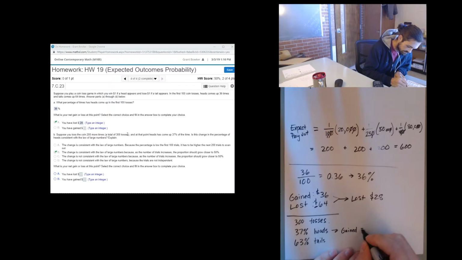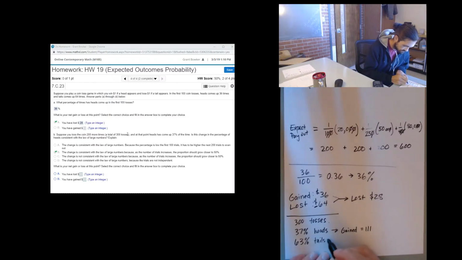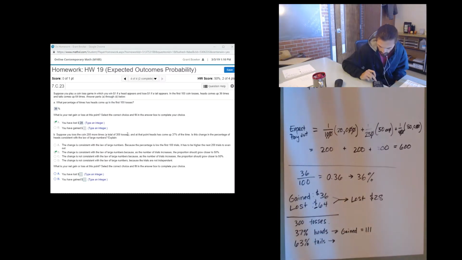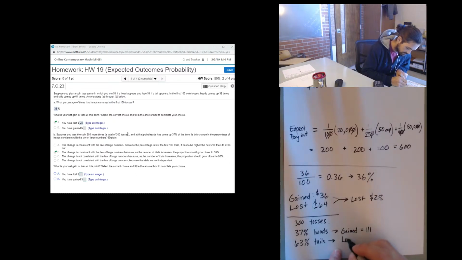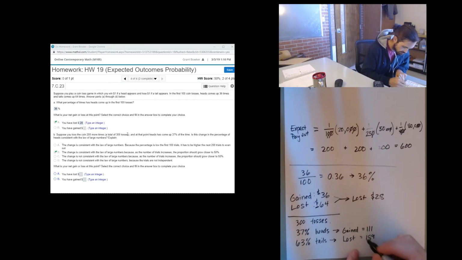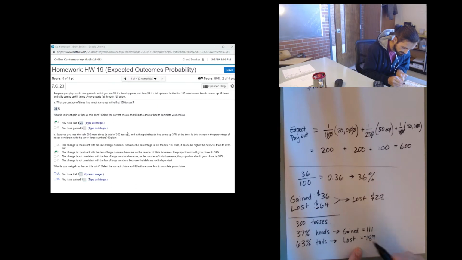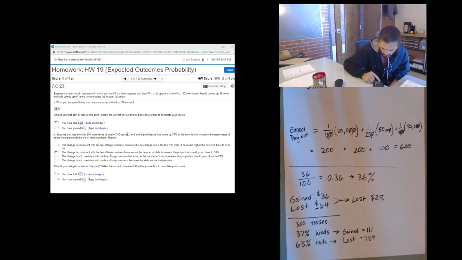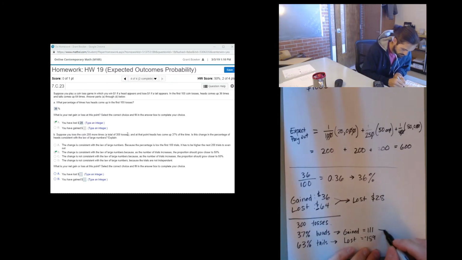111. .63 times 300, 189. So again, we can think of this loss as a negative, and if we add 111 plus a negative 189, we get negative 78.